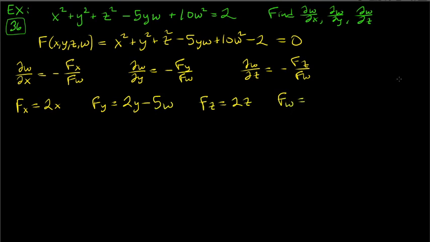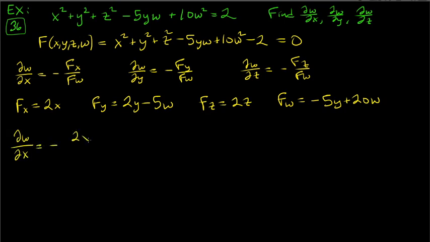And then the denominator, with respect to w, the w partial of f is going to be negative 5y plus 20 times w. And of course, the negative 2 is a constant for all of these. So I think we can just write down the answers here.